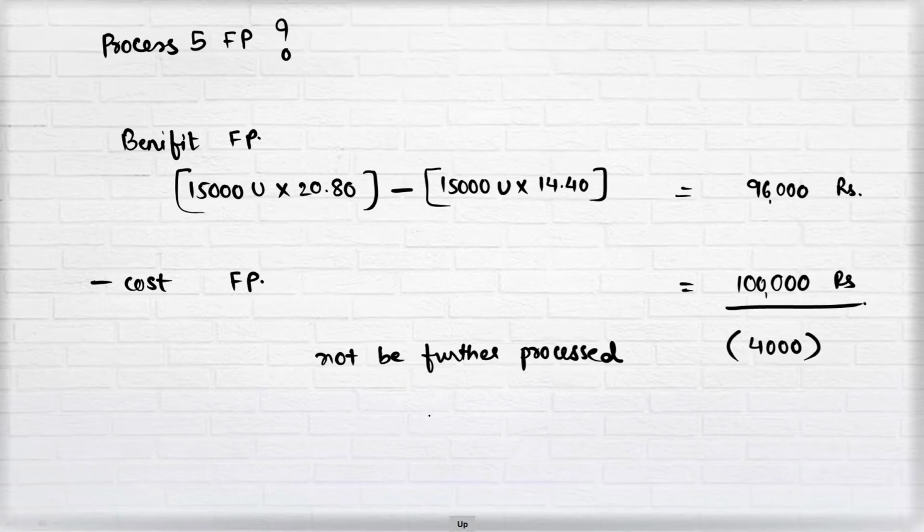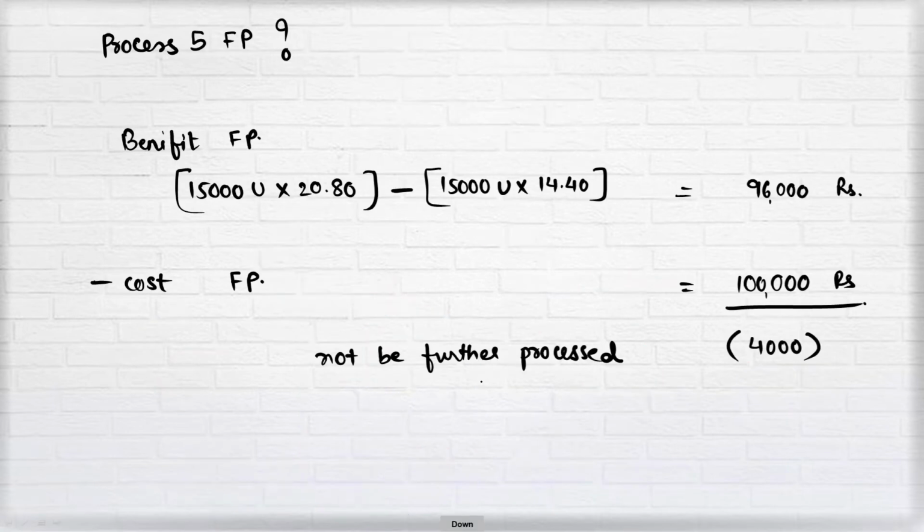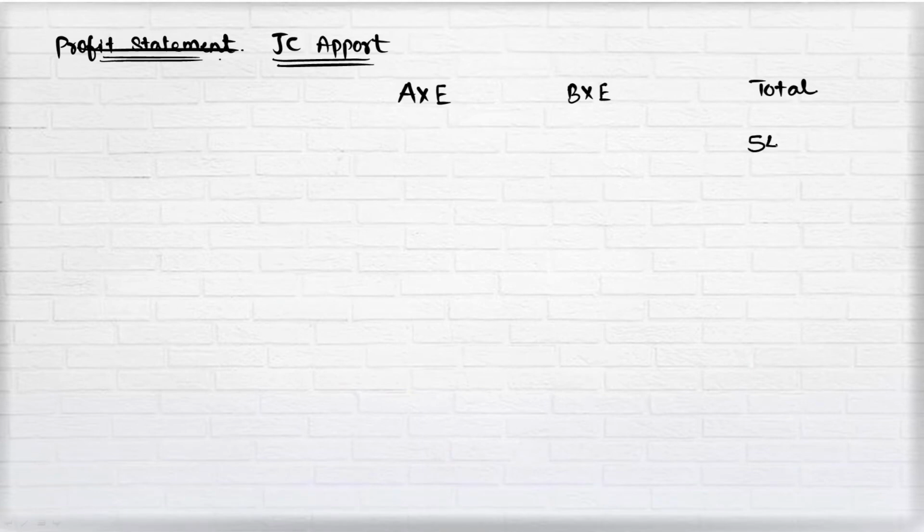It is joint cost apportionment between AXC and BXC. What is the total joint cost for AXC and BXC? 5,41,500. It is joint cost for AXC and BXC.